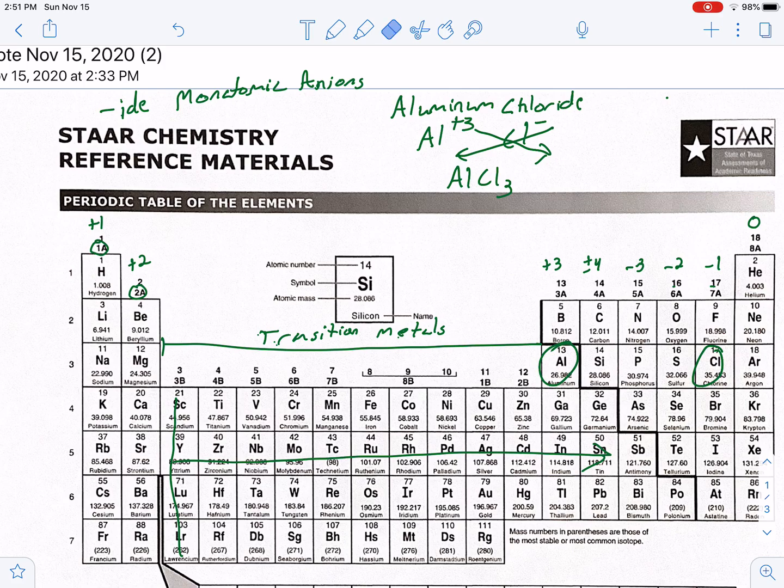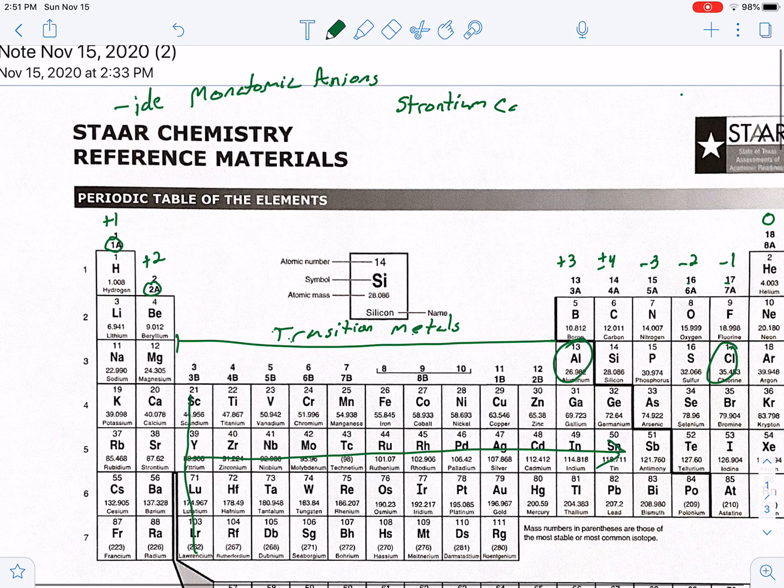Okay, so let's do another one. Let's do strontium carbide. Let me clear these up. Strontium's right here.